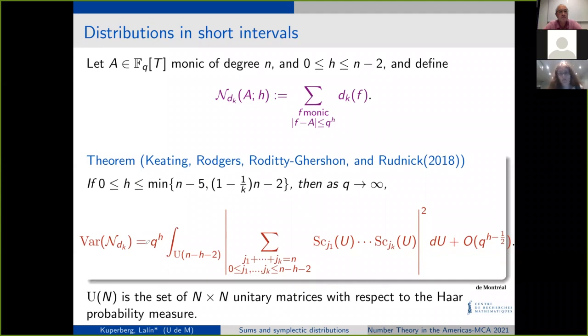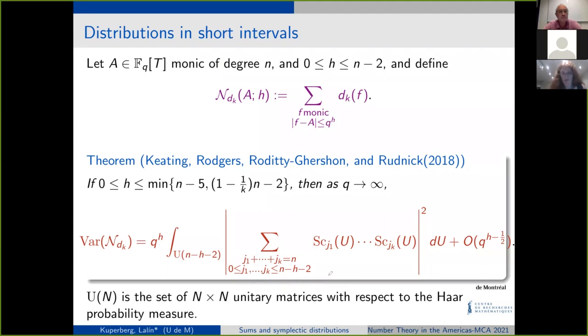What we are integrating is the absolute value squared of a certain sum of secular coefficients, where the sum of the indexes is N. I didn't say what n was, but n is the degree of f, and basically N is moving up to a certain value.